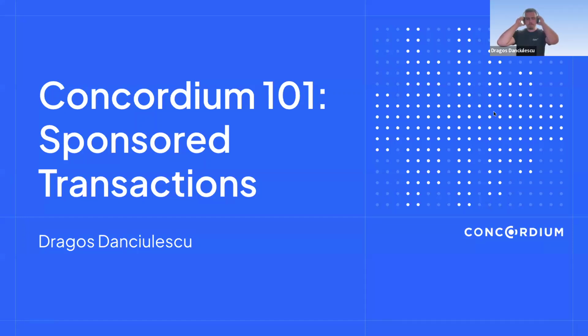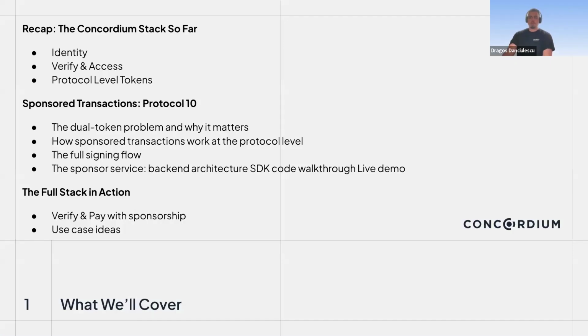Hello everyone, thanks for the introduction, Giles. So today we will be discussing sponsored transactions and how this ties into everything we've discussed so far with the protocol. What we're going to be covering, first of all, we'll do a bit of a recap. We're going to go through identity, verify and access, and protocol level tokens. So basically everything that we've discussed in the previous workshops.